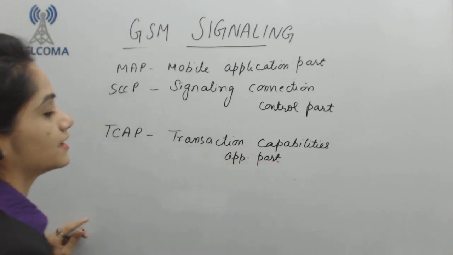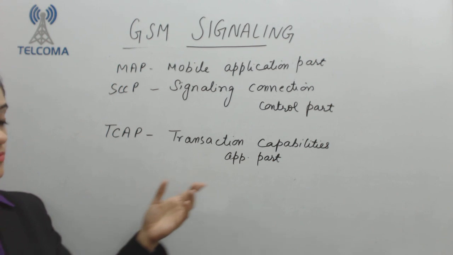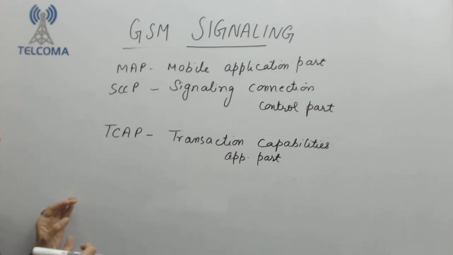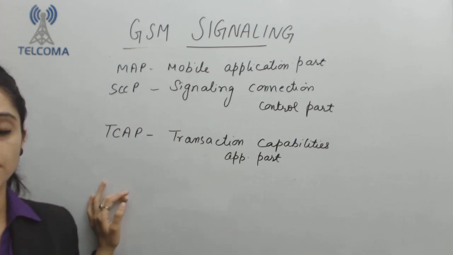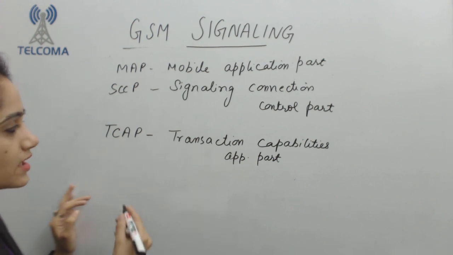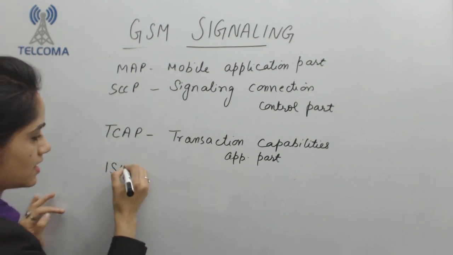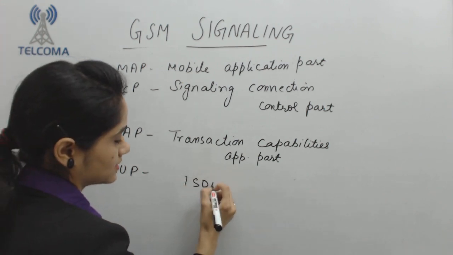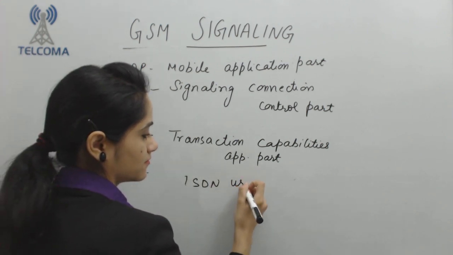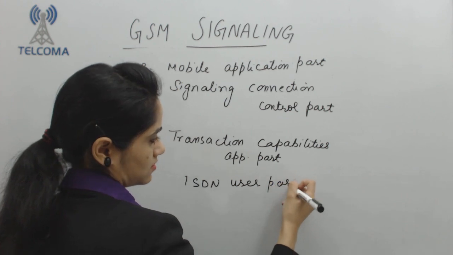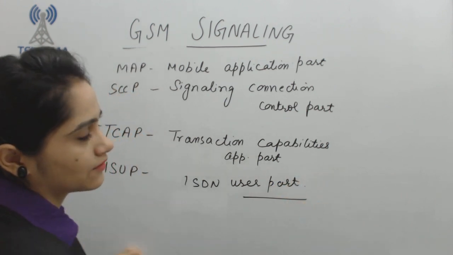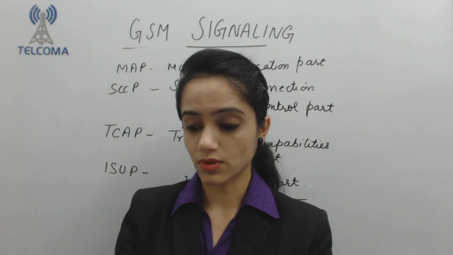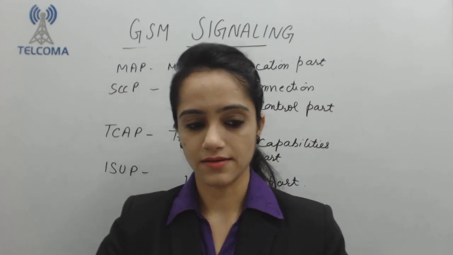This I have not mentioned in that protocol structure, but these are the protocols existing. We will discuss these also. And we have ISUP also. ISUP is ISDN user part. These are the part of the SS7. So these are the full forms of various protocols in our signaling architecture.